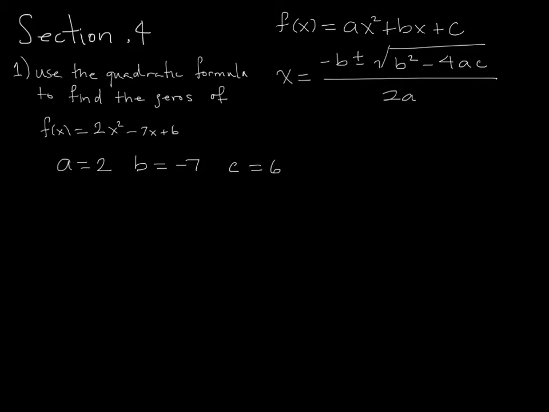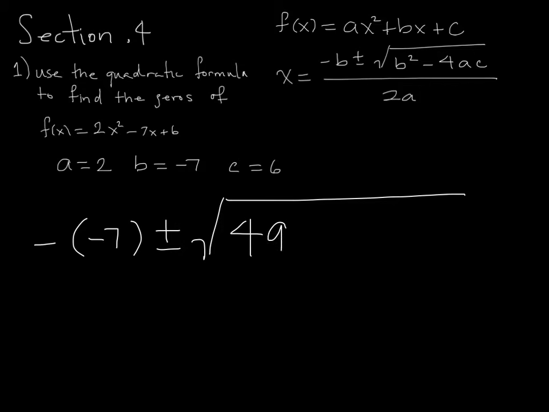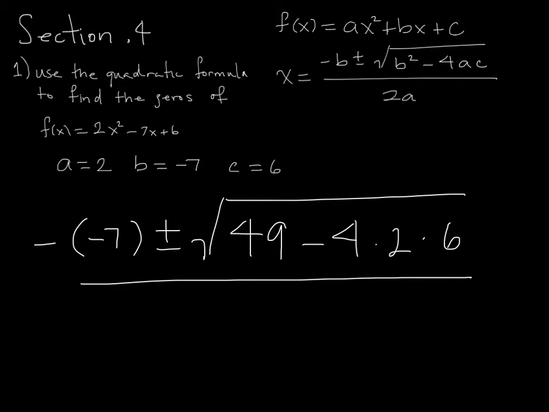And now we simply need to fill in the formula, giving us negative b plus or minus square root of b squared, so that's 49, minus 4 times a, which is 2, times c, which is 6, all divided by 2a, which is 2 times 2, because a is 2.